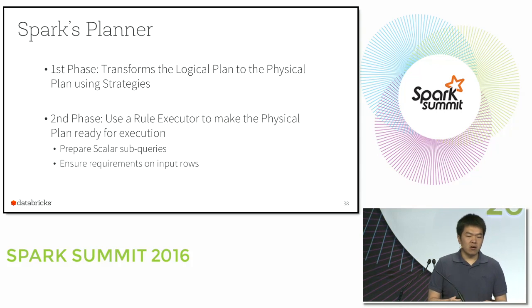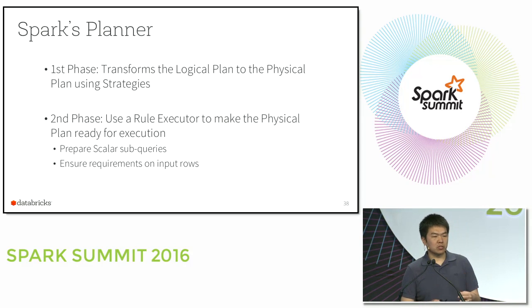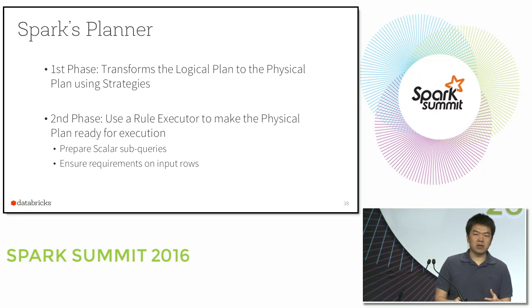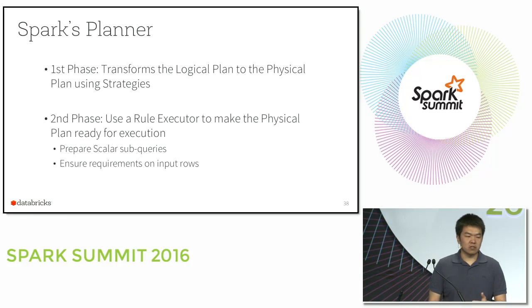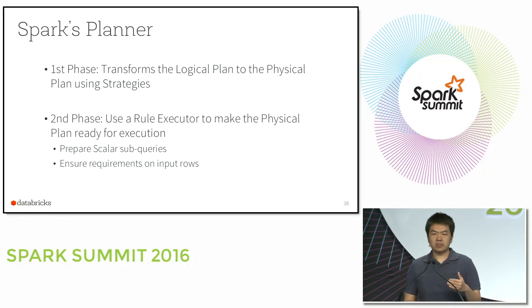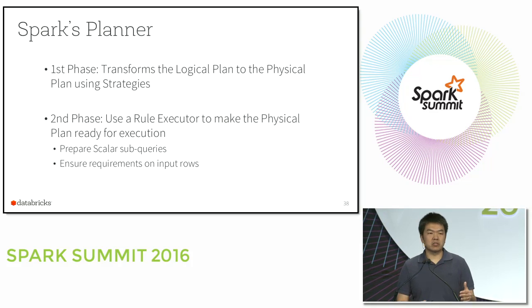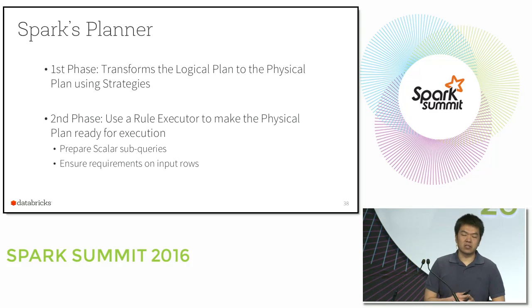Second, we will try to ensure the requirements on input rows. Because a physical plan may have requirements on how the input data needs to be organized. So we use this step to make sure the input rows of a physical plan are organized in the required way. And finally, we will apply physical optimization.